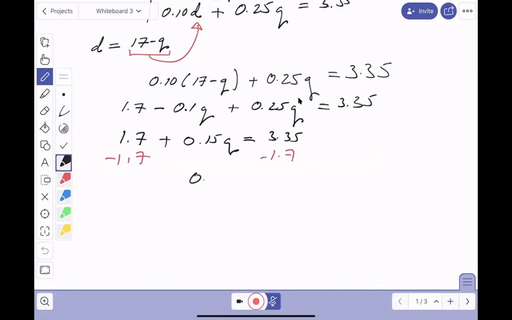I get 0.15 Q equals, let's see, 1.65. I'm sorry, I keep saying money, money in my brain. Now I divide both sides by 0.15, the coefficient on Q, by the way.